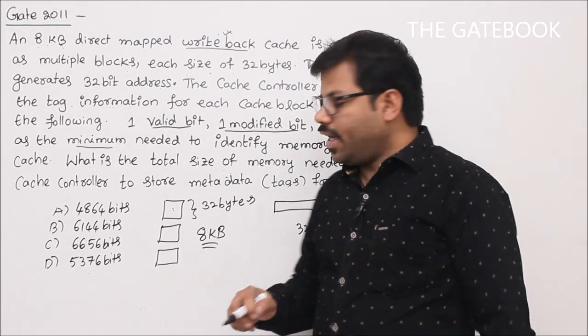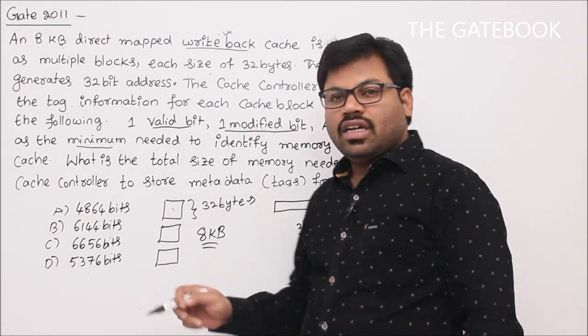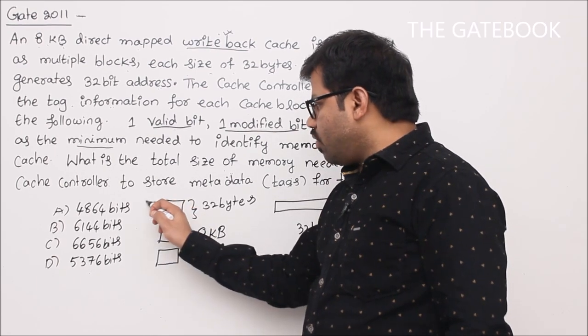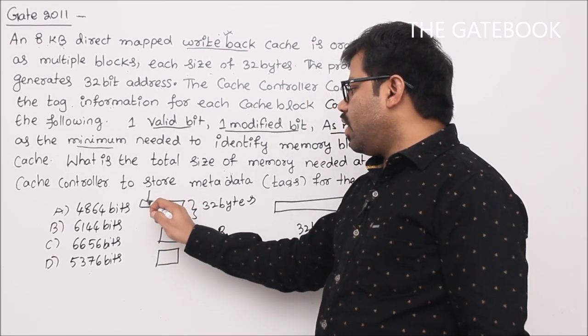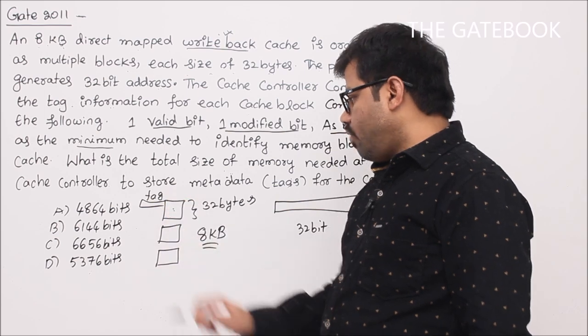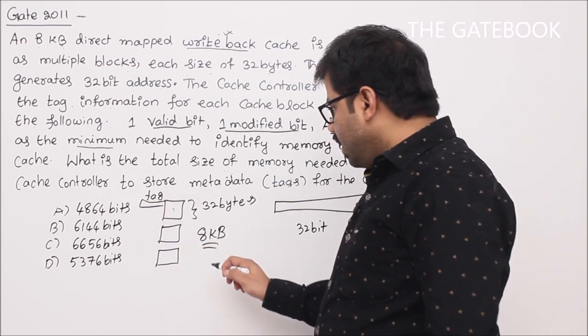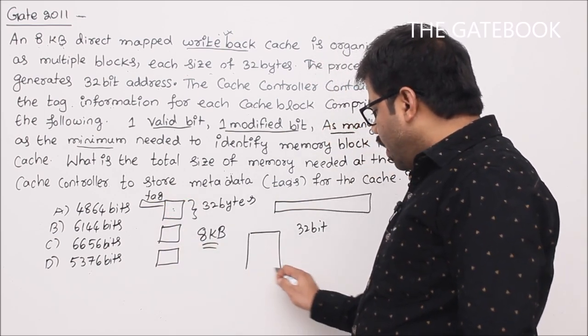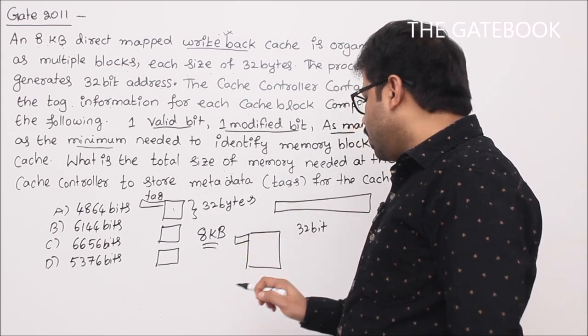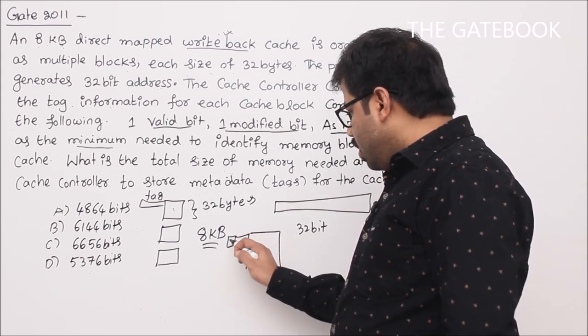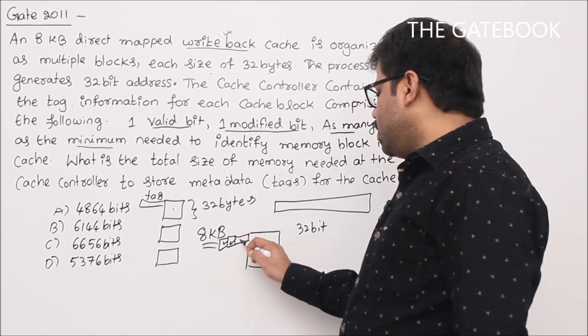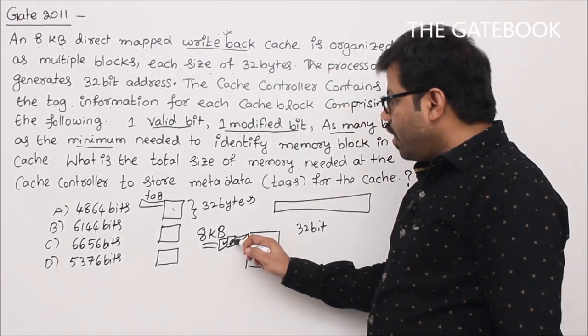We know that to identify the memory block in the cache, the minimum bits required, that means one more piece of meta information which is required, is the tag, correct? So finally, he clearly said that each cache block is going to have tag bits, valid bit, and modified bit.